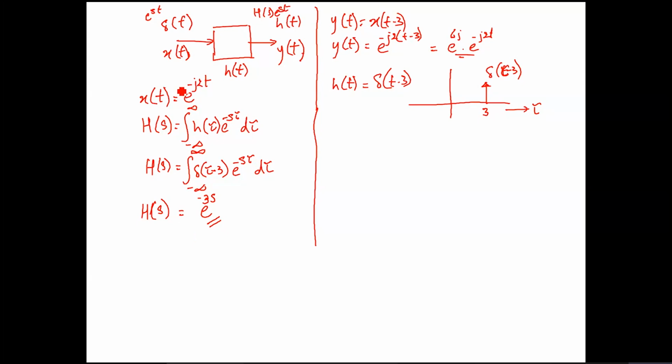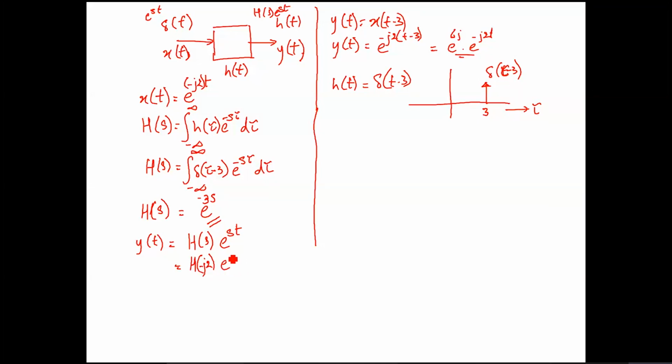In this question, the input given to us is e raised to power of minus 2 times t. So s, or complex number, is minus j2. So if x is e raised to power of minus j2 times t, the output y of t would be, as we mentioned, h of s into e raised to power of st, and here instead of s we have minus j2.